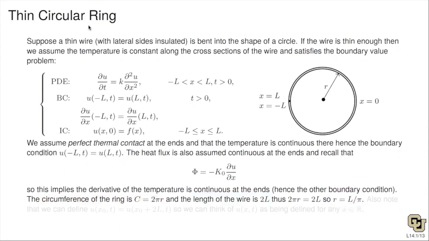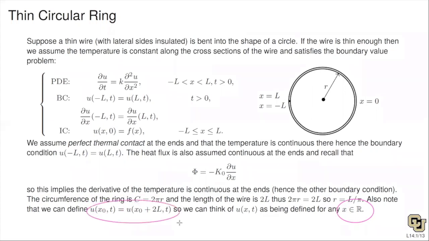One other thing here is with the ring, we can actually define the domain for X to be all real numbers, because we can essentially say that there's a periodicity here in the X variable. So again, I want you to be very specific. In PDEs, we have the X variable and the T variable.